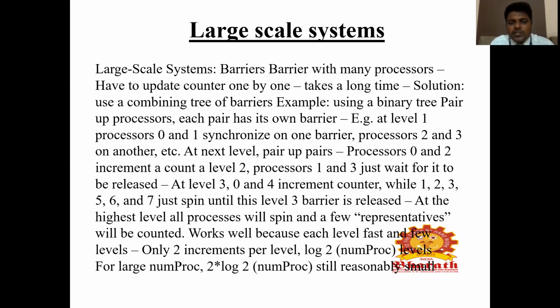It synchronizes with one barrier, and all the processors are in a synchronized state. They just spin until the barrier at that level is released. At the highest level, all processors spin and only a few representatives are counted. This works well because each level is fast and there are few levels.